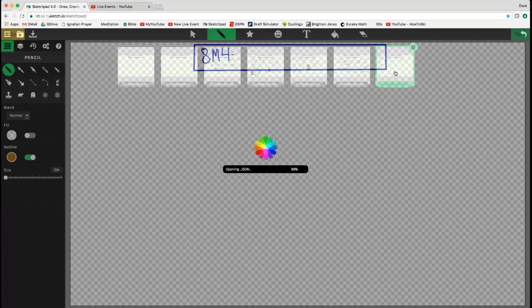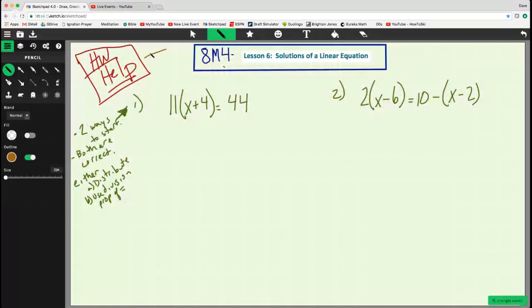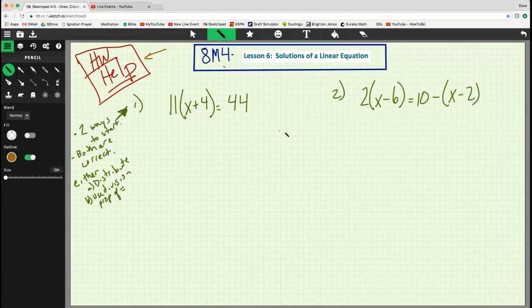Now we're going to hit the final piece of our lesson, which is always homework help. Now I want you to try these two equations. Notice there's 2 ways actually to solve equation number 1.